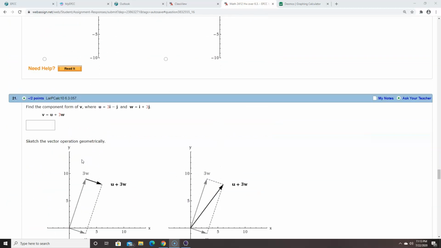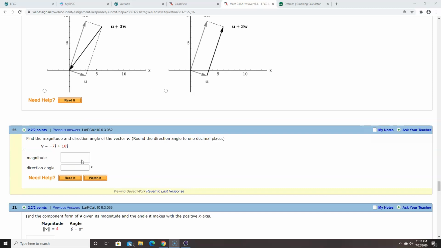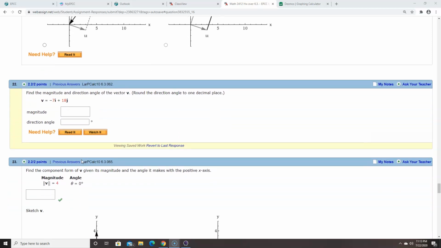Next, I would like to do number 22 with you. They start out giving us a vector. What is this? Negative 7i plus 18j.